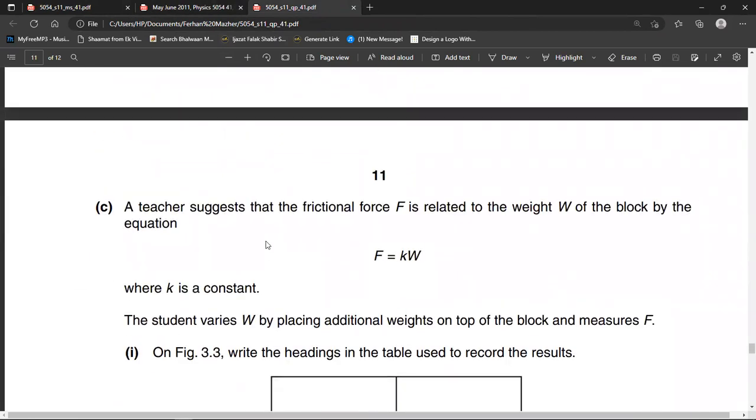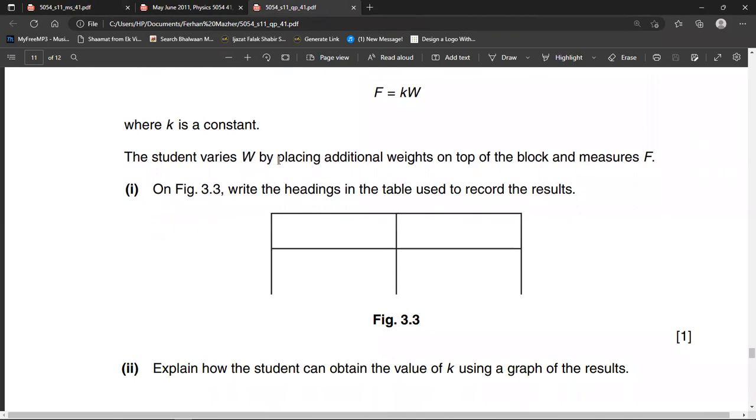A teacher suggests that the frictional force F is related to the weight of the block by the equation F = kW, where k is a constant. The student varies W by placing additional weights on top of the block and measures F. On the figure 3.3, write the headings in the table used to record the results.